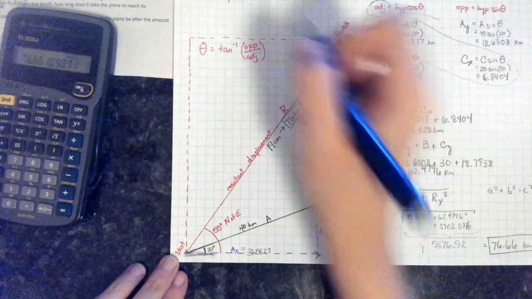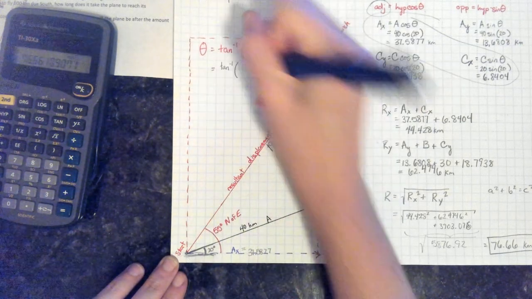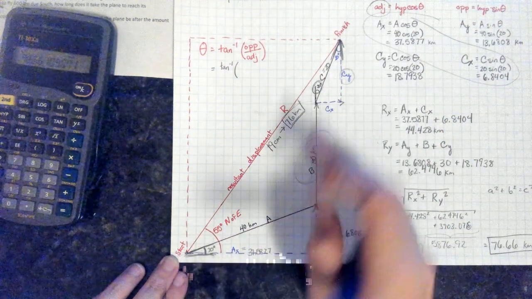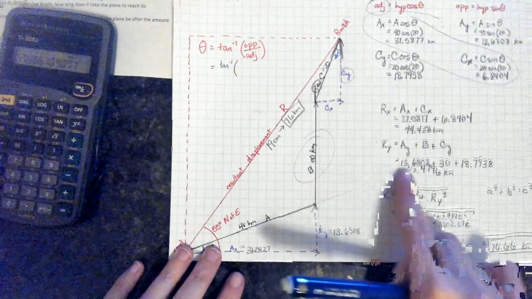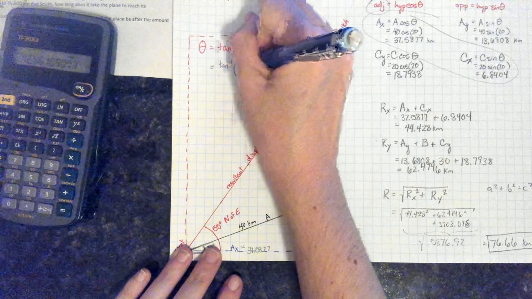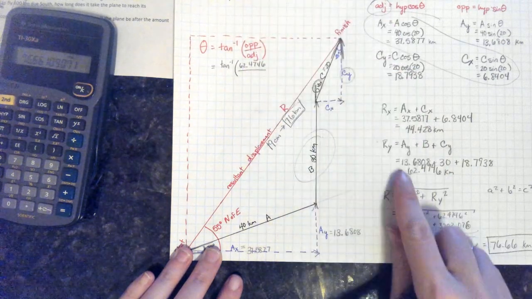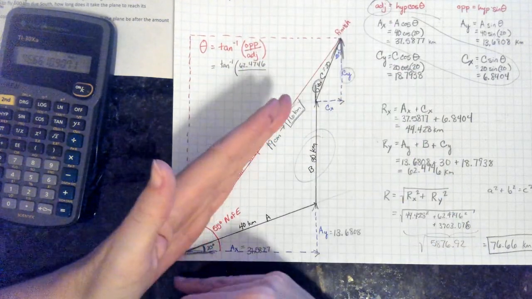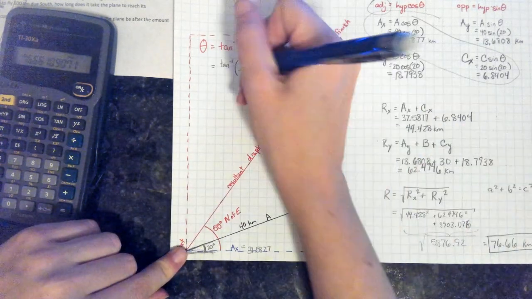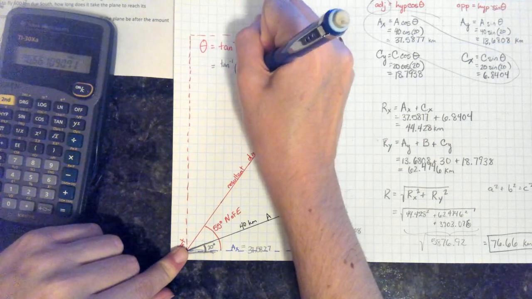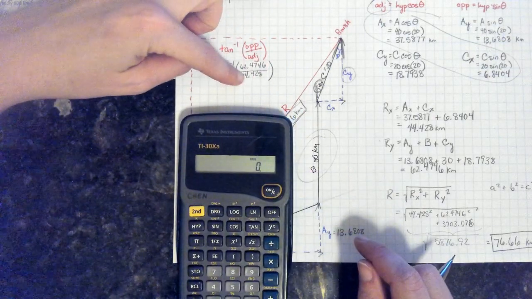So we'll have inverse tangent of the opposite side, which would be the y component of R, 62.4746, divided by the adjacent side, which would be the x component of R in this case, 44.428.